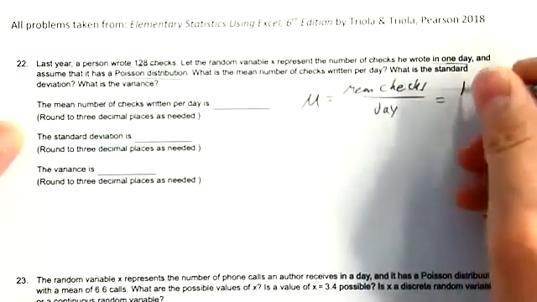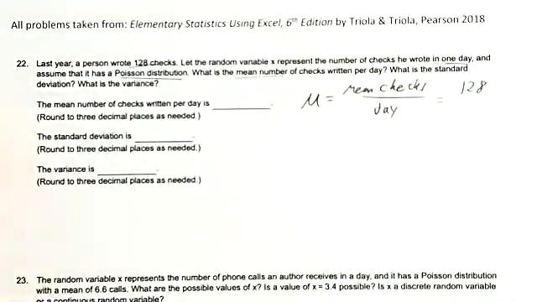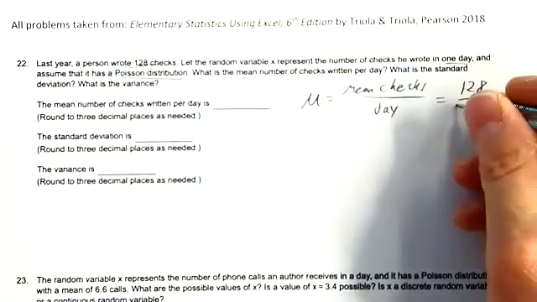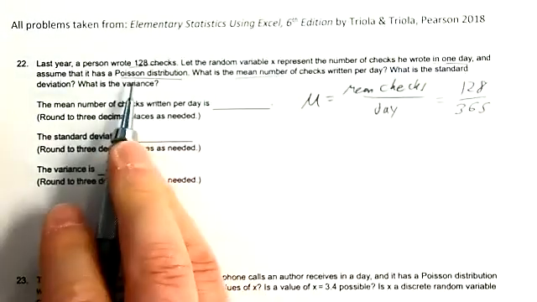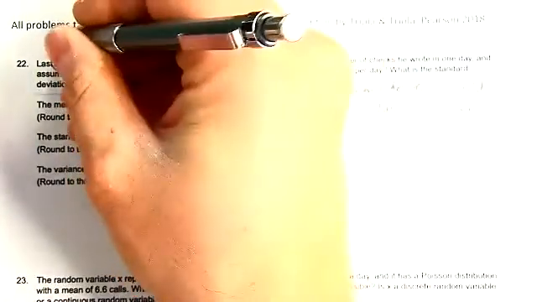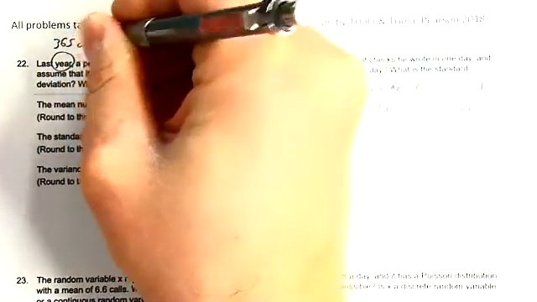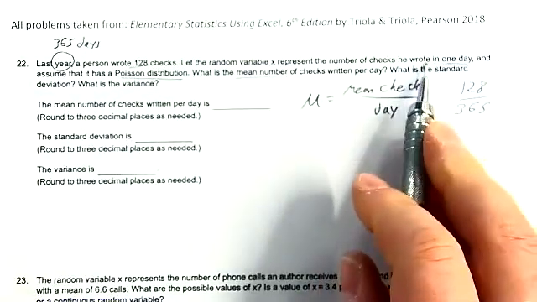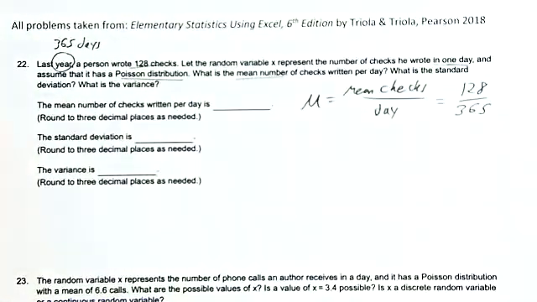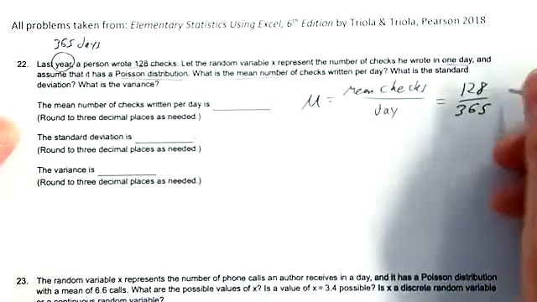So it says he wrote 128 divided by 365. The only part of this that we have to know is that in a year, there's 365 days, since they want to look at the checks per day.